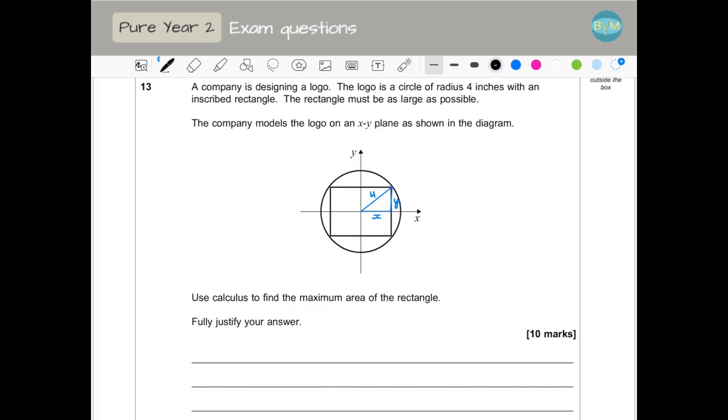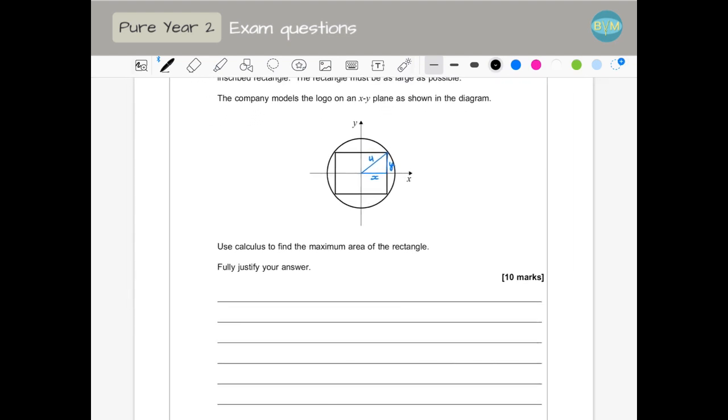That way the area of the rectangle, the one that we have to make maximum, is this side, which is 2y, by this side, which is 2x. So 2x times 2y, which is 4xy.